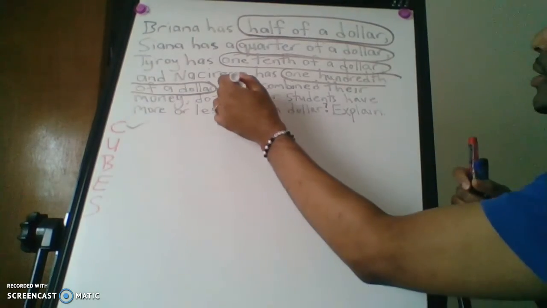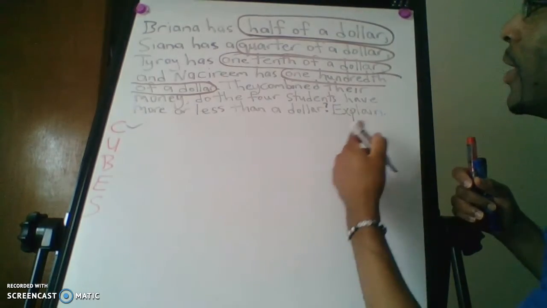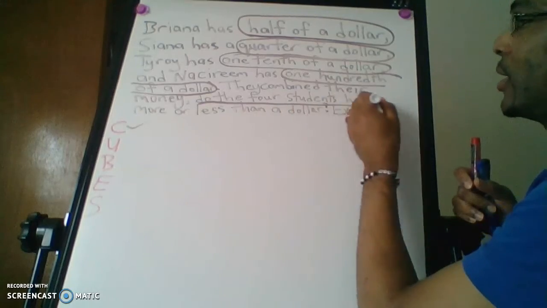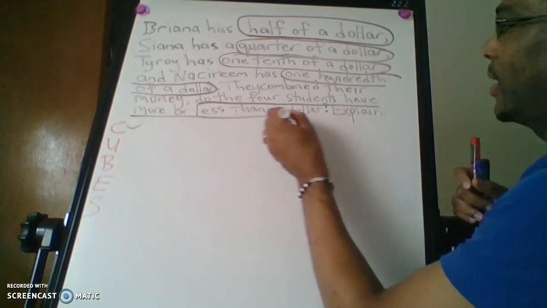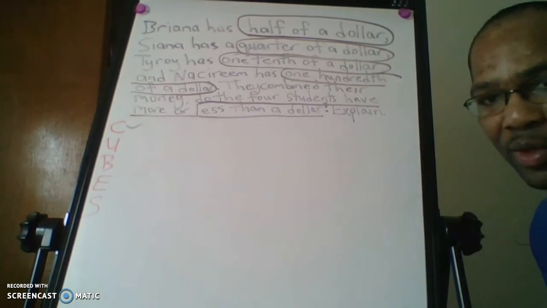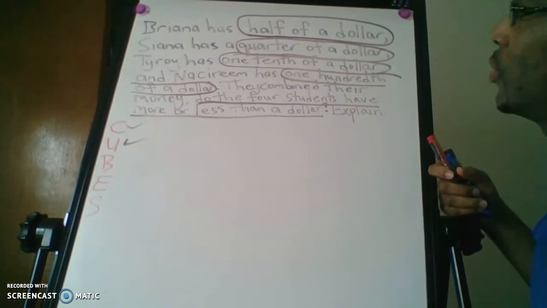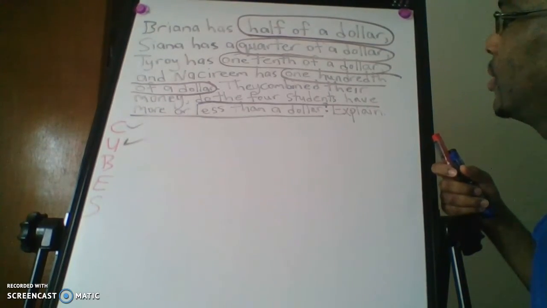Underline the question. They combine the money. Do the four students have more or less than a dollar? That's what we want to find out. Okay, I'm going to box the key math words.